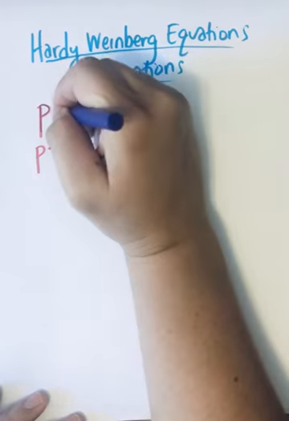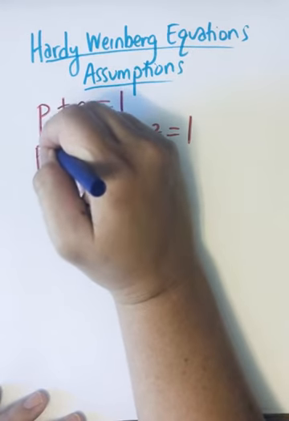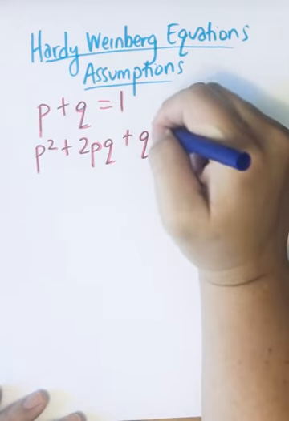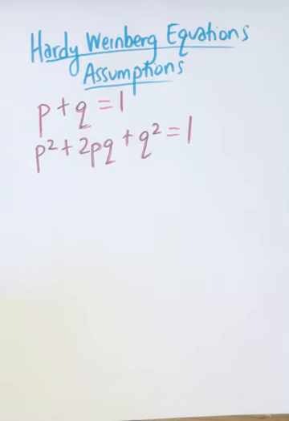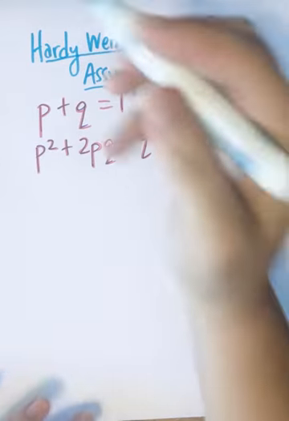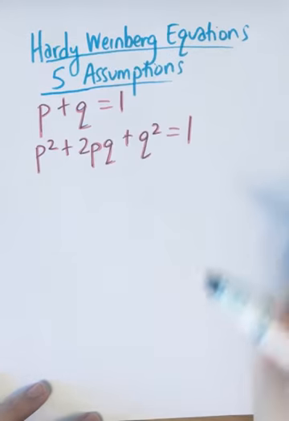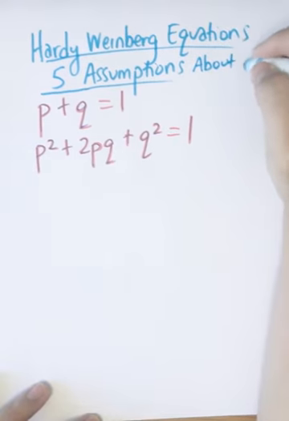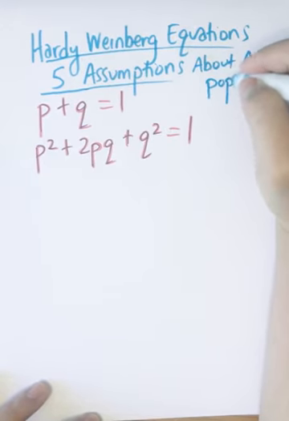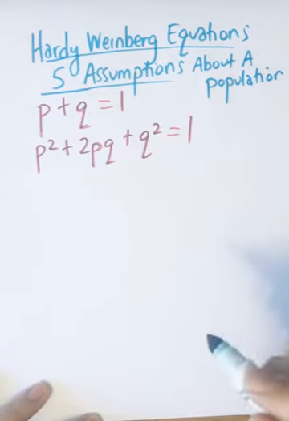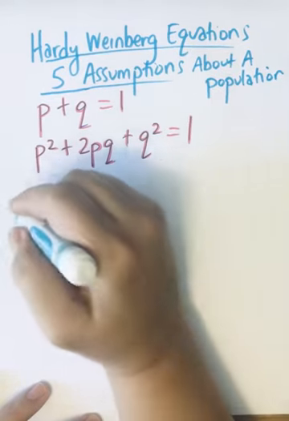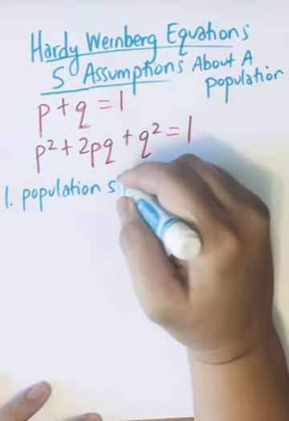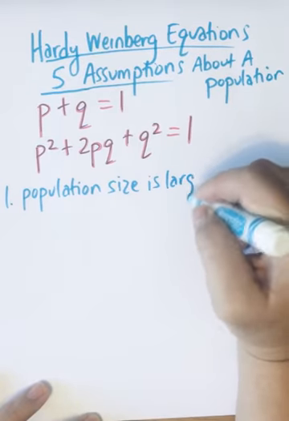These remain constant. Any deviation means evolution occurs. So you can only use Hardy-Weinberg equations with 5 assumptions about a population. First thing is they will always remain constant if the population size is large enough.